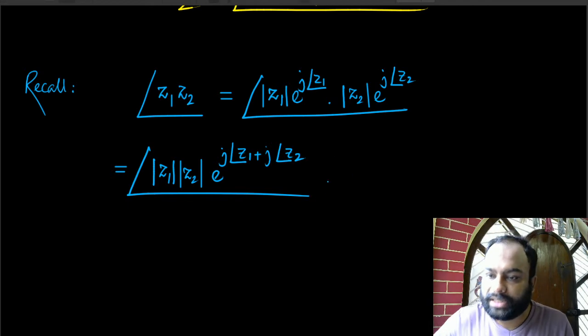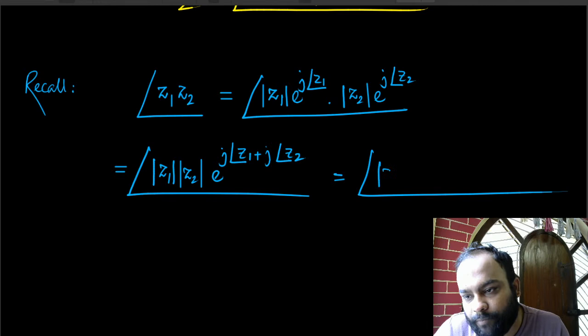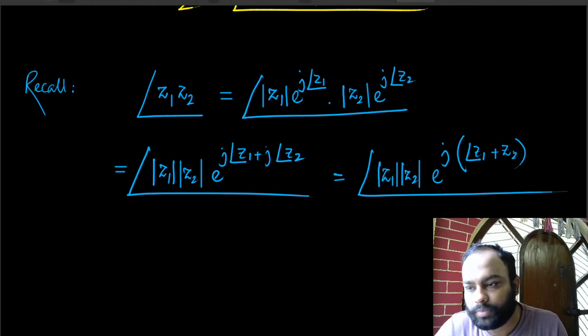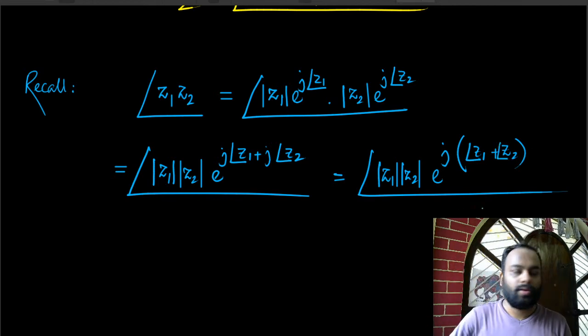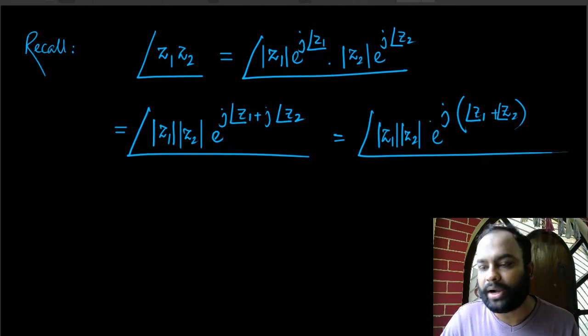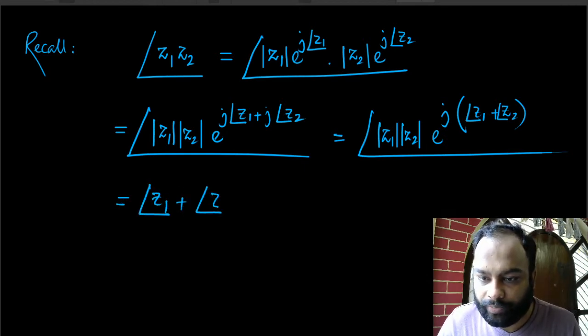So I can write mod z1 mod z2 and e to the power j, angle z1 plus angle z2, right? Since the modulus is a positive quantity, it would not affect the angle. So what is the angle? The angle would be angle of z1 plus angle of z2.